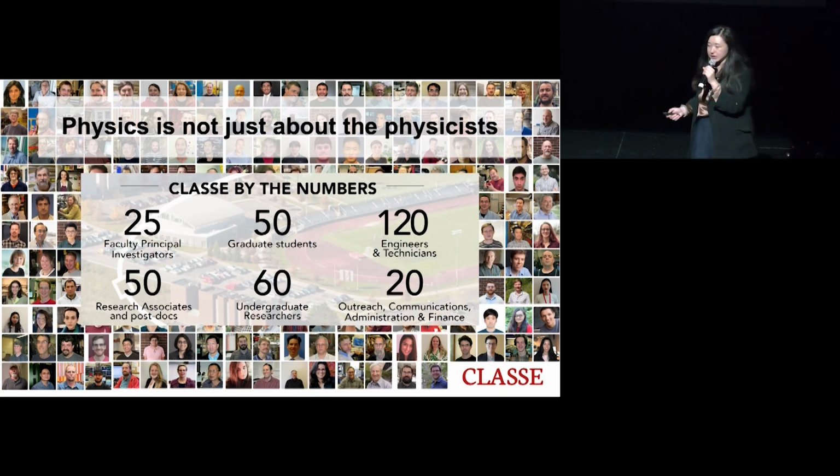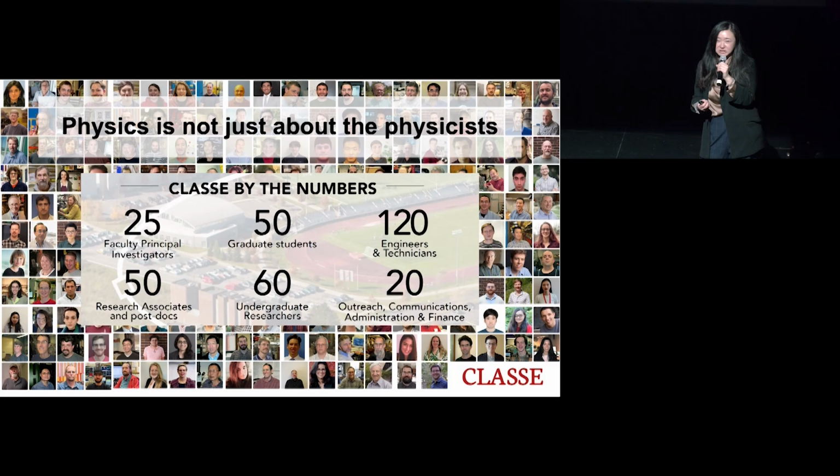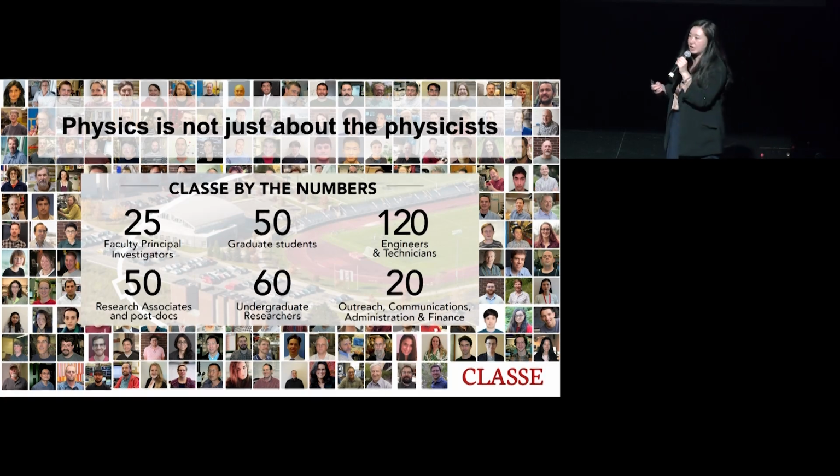Because we need people to build the accelerator. We need people to keep the plant running. We need people to help us convert the message to be deliverable. Because a lot of the time, I'm sorry to say, physicists are talking gibberish, right? We're not really speaking English. But it's not that people are not smart enough to understand physics. It's just that we need to translate our language to make people understand what we're doing.